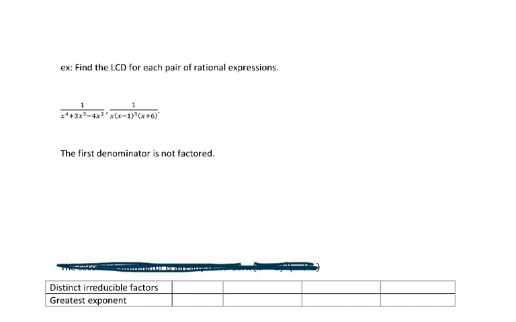Now, the second denominator is already factored, so that's good. But we have to factor the first one. So we have x to the 4th plus 3x cubed minus 4x squared.